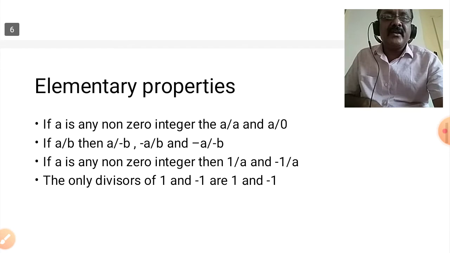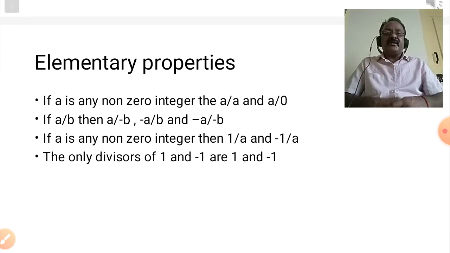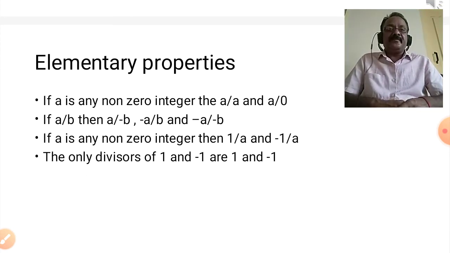Now, some elementary properties of divisibility. If a is any non-zero integer, then a divides a and a divides 0. Next, if a divides b, then a also divides minus b, minus a also divides b, and minus a divides minus b.